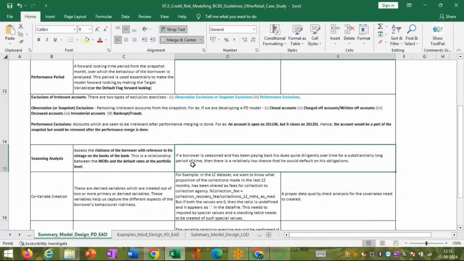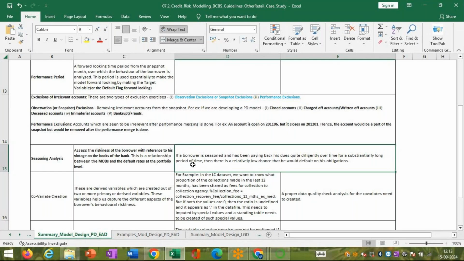Now, why seasoned accounts? If a borrower is seasoned and has been paying back his dues diligently, then you have an affirmed record of his behavior. For non-seasoned accounts, you cannot generally trust the existing behavior of the borrower unless they have performed for a substantial period of time.